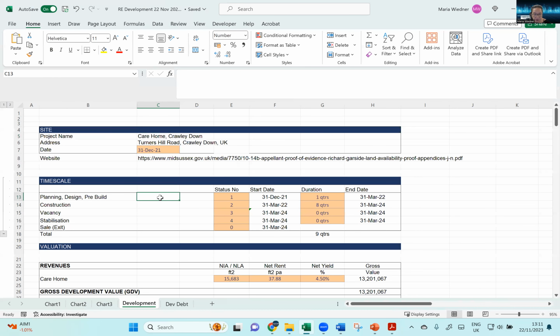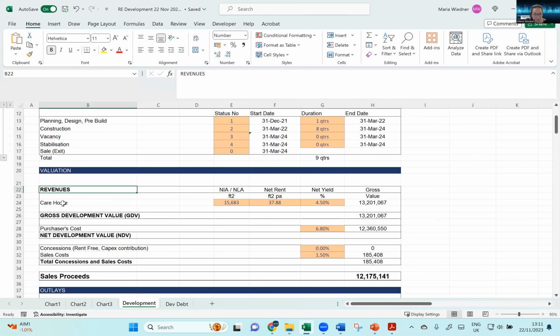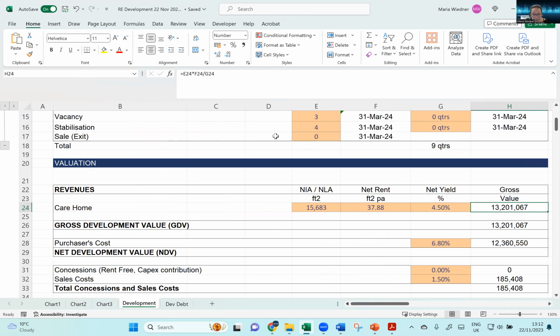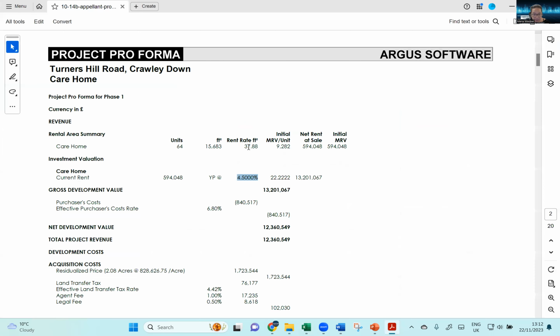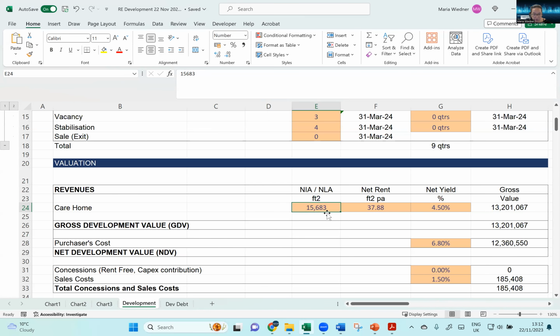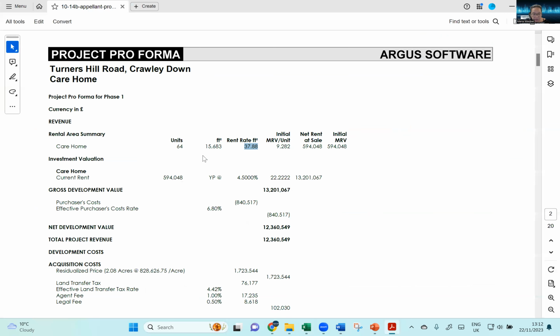In our case, if we're replicating this, the revenue, the GDV, is a function of the rent, 37.88, which is what they said is the rent per square foot, times the area, your NIA, net internal area or NLA, which they put here as 15,683, and then a yield of 4.5%.